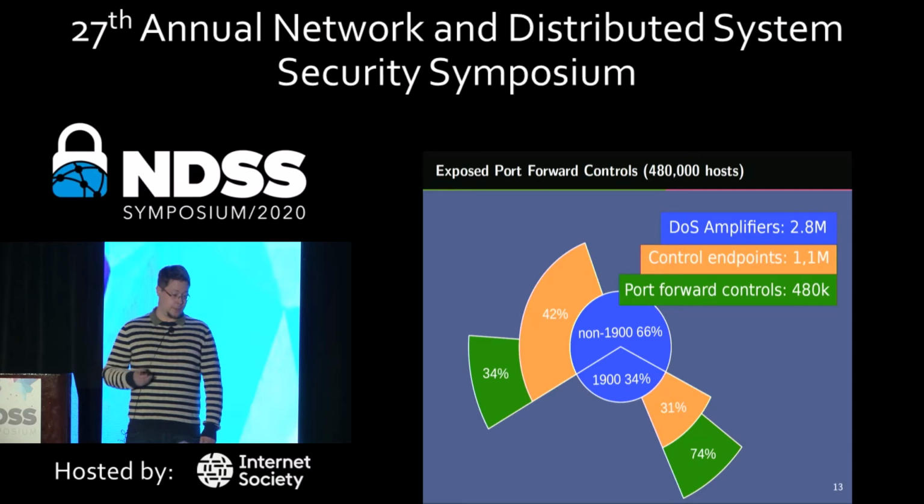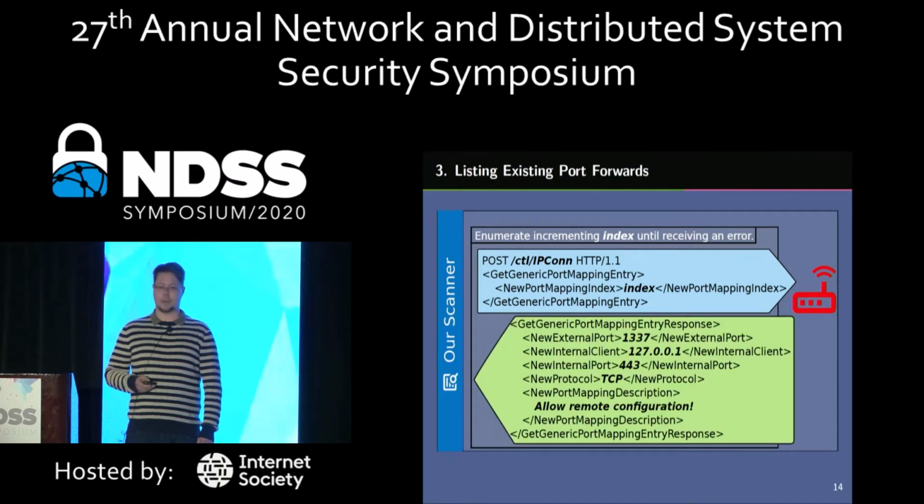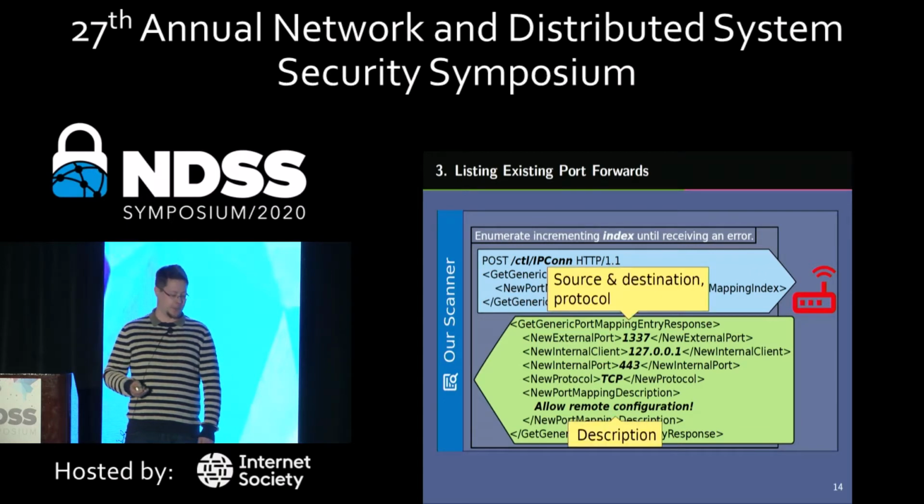As a last step, we contact these services and enumerate over the existing forwards and collect information such as where this gateway is forwarding traffic, what sort of traffic it is, what the description is, and so on.